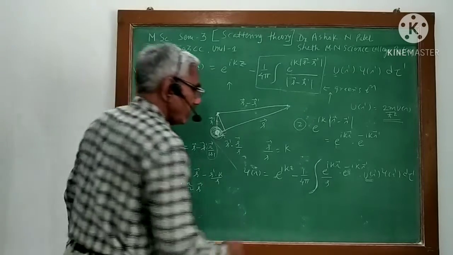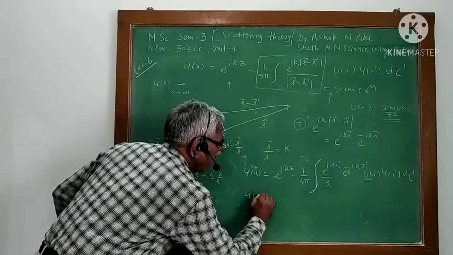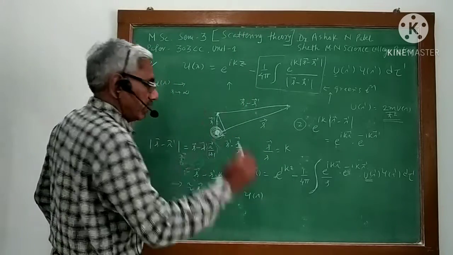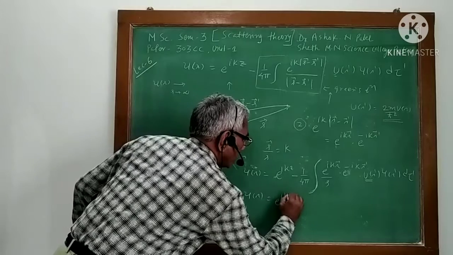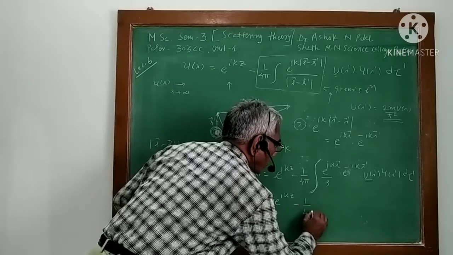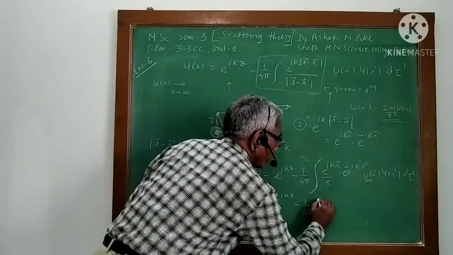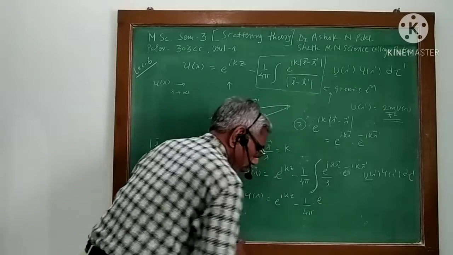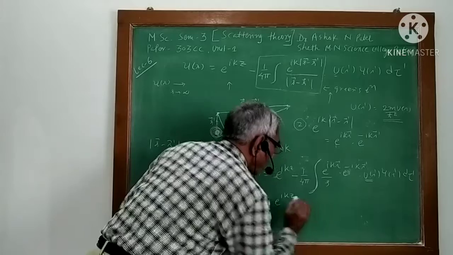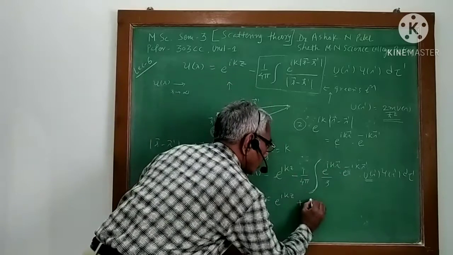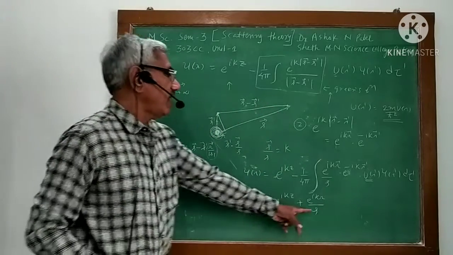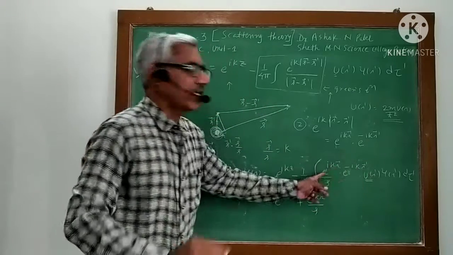So that's why I write my wave function for a large distance as e^{ikz} minus 1 upon 4 pi into e^{ikr}/r, I can write in this way only, plus I can take it out, because at a very large distance this integration will not contribute.